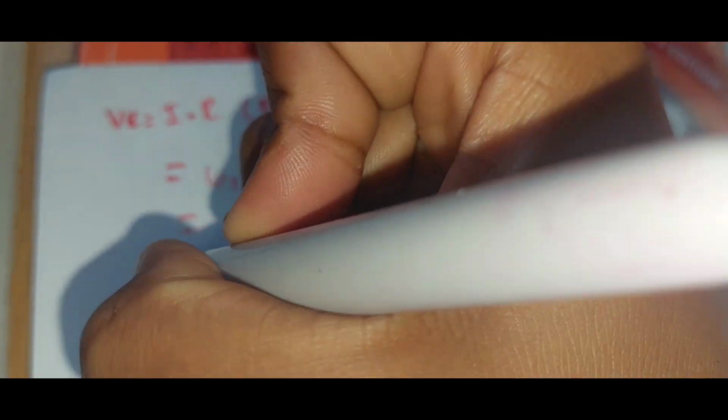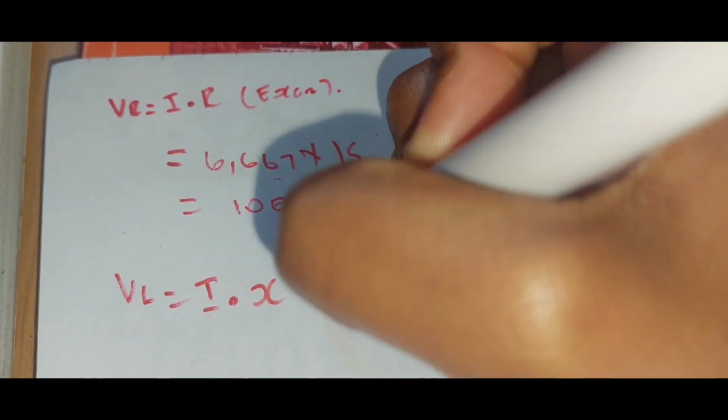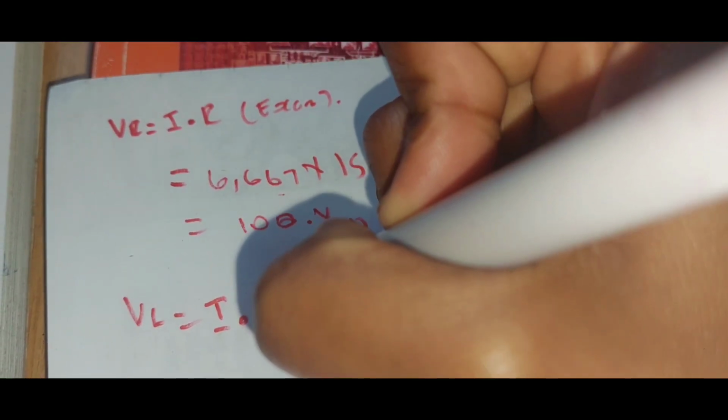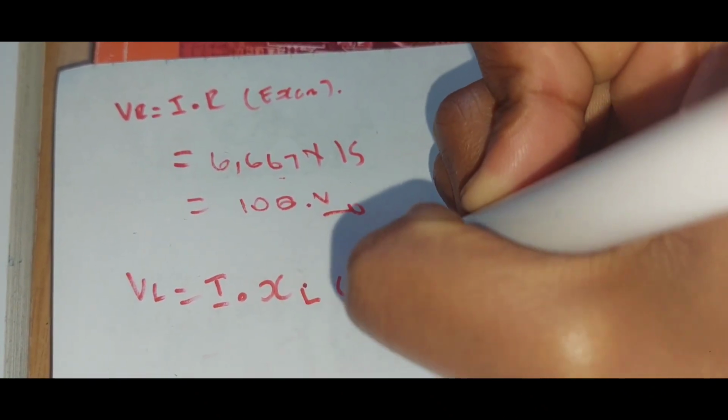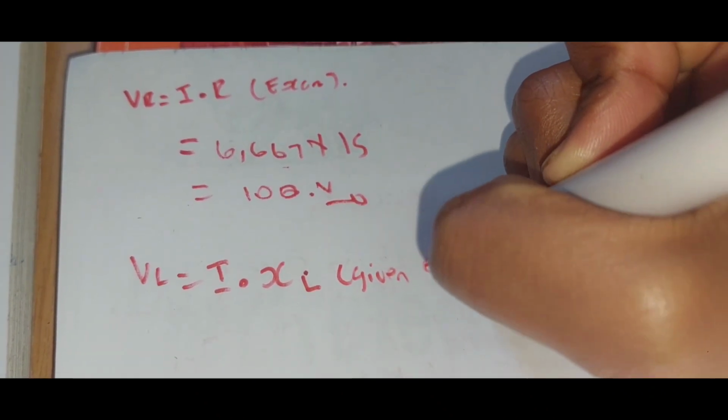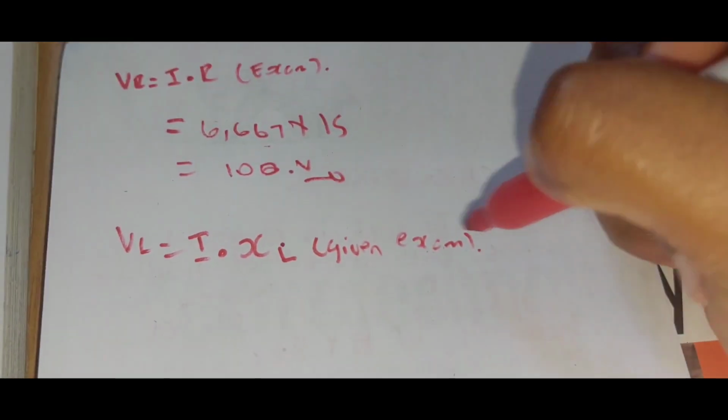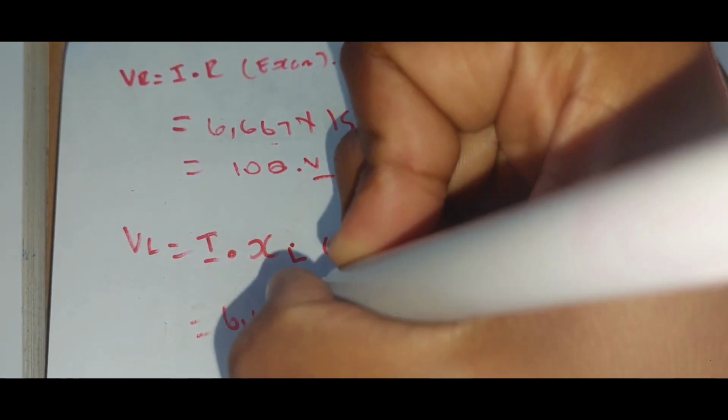And now we solve for the voltage of the inductor, which is current times the inductor reactance. Yeah, it will also be given in the exam. Okay, guys, the current is the same, 6.667.